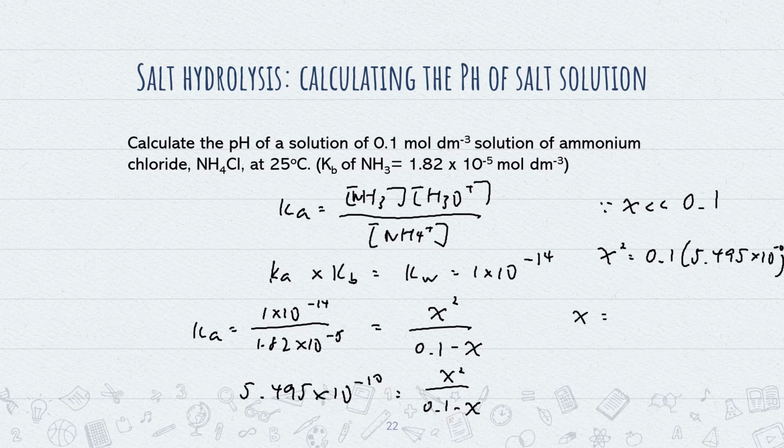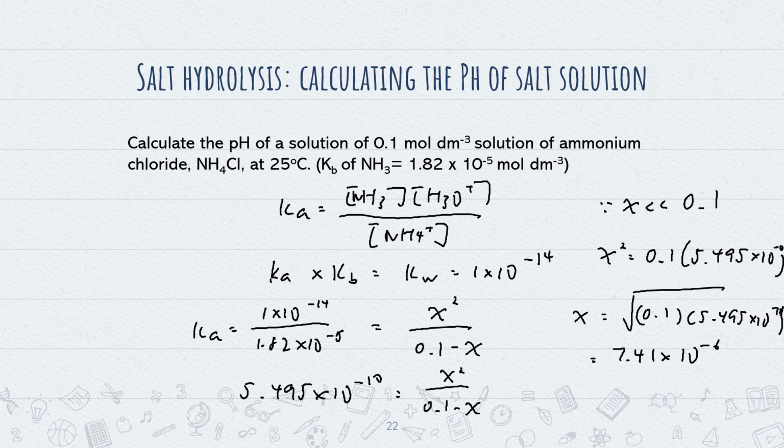Then you can just square root it, which gives you 7.41 times 10^-6.